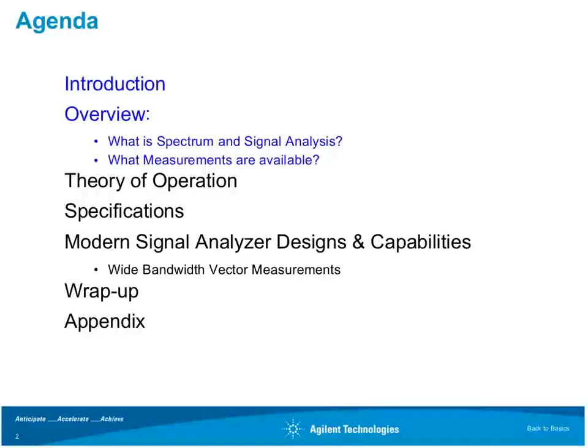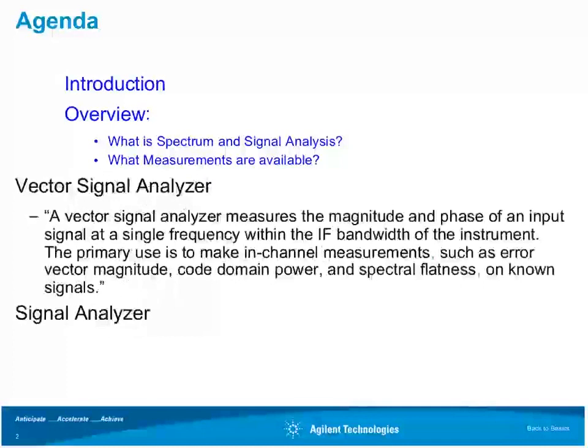And then we'll take a look at some of the important specifications that people are interested in when they use these instruments, of what kind of performance it needs to have. And then we'll spend a few minutes looking at some of the modern developments that have occurred in signal analysis and some of the new capabilities that are available. And then finally, we'll wrap up and we'll have a Q&A session at the end for any questions that come up. And so that's how we're going to proceed.